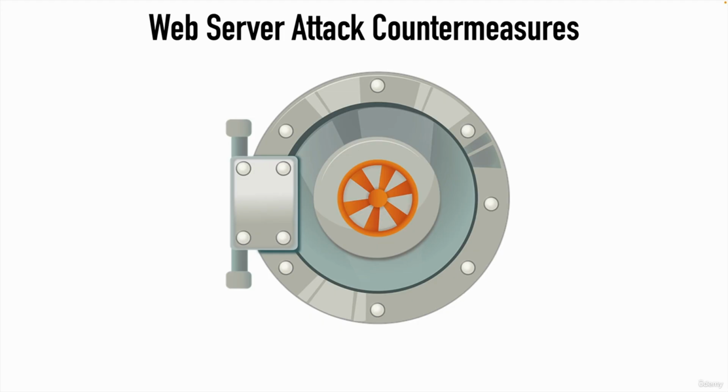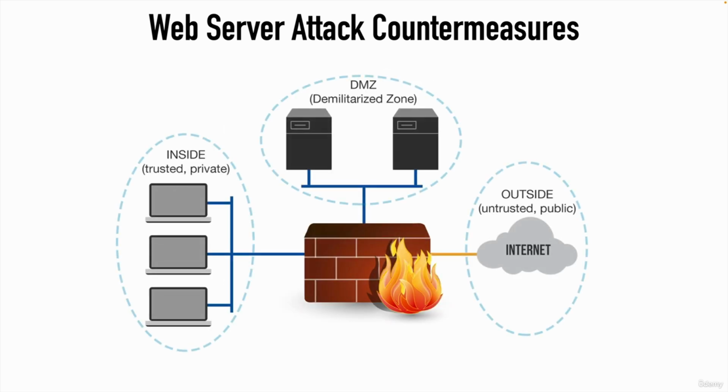Let's expand here on some countermeasures that we can use for securing our web servers. We've mentioned a few dangers already, so let's talk about how we can circumvent these. In a typical network, we have several zones, ideally, that we create with a firewall.